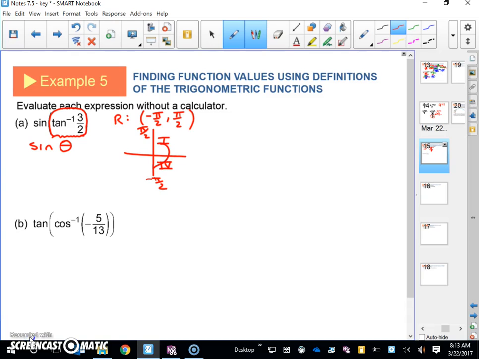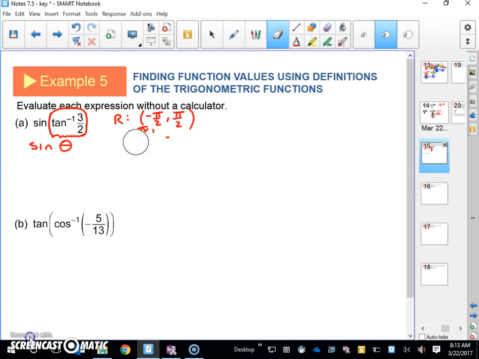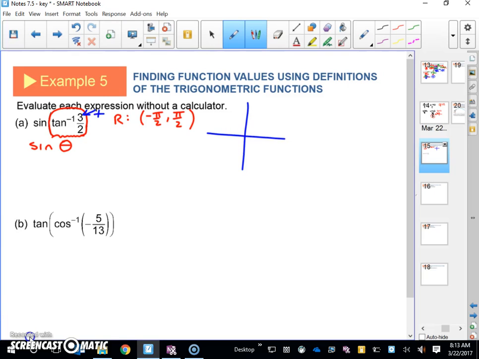In quadrants 1 and 4, the positives are upstairs and the negatives are downstairs. The fact that 3/2 is a positive number indicates that I'm in quadrant 1. So I'm going to draw this angle in quadrant 1.